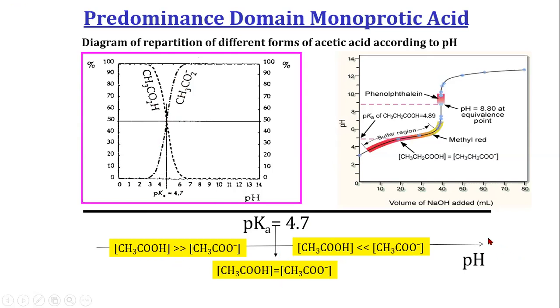As pH increases, at pH equal to pKa, I have the species equal in amounts. At pH less than pKa, my acid is more than my base. And as my pH is greater than pKa, my base form is greater than my acid form. All right.